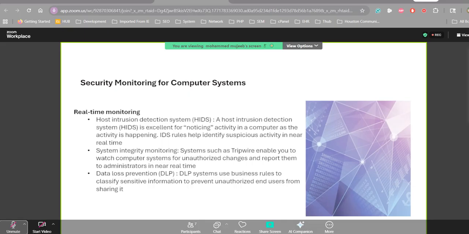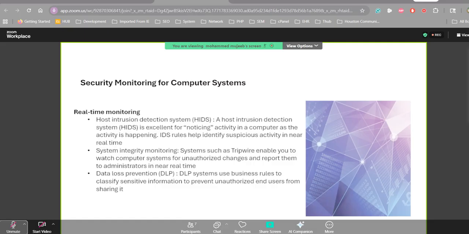So basically, for real-time monitoring, we can use intrusion detection systems. Host intrusion detection systems are excellent for noticing activities in a computer as the activities are happening. IDS rules identify suspicious activities in near real time.